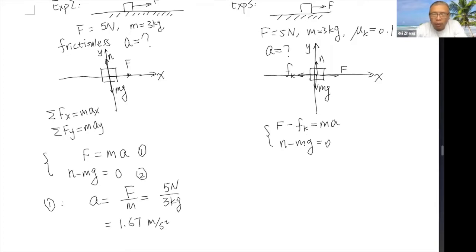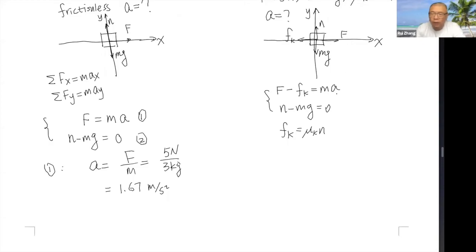But if you remember what we talked about, there is a relation between the kinetic friction and normal force. We have Fk equals mu k times N. Almost always when you have a problem that requires kinetic friction, you need this formula. So we actually have 3 equations in this case. It looks like a lot, but the way to solve them is not too hard.